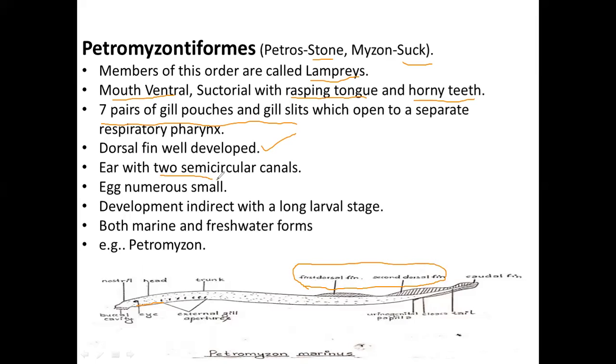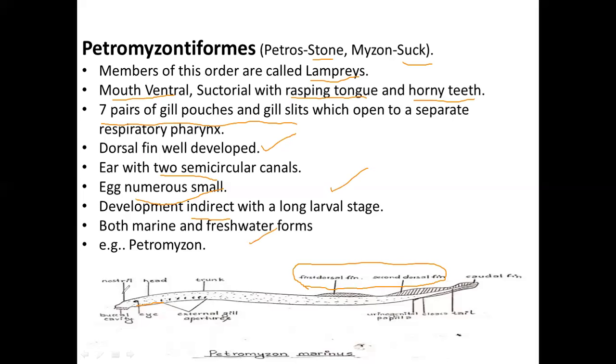The ears have 2 semicircular canals, and the eyes of petromyzontiforms are small. Coming to the development, it is indirect with a long larval stage, and lampreys stay in both marine water and fresh water.